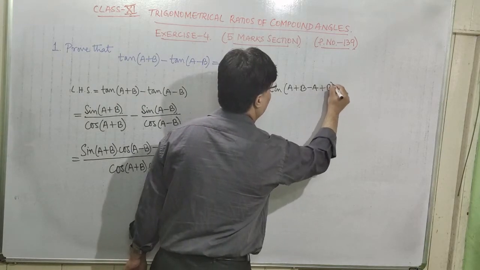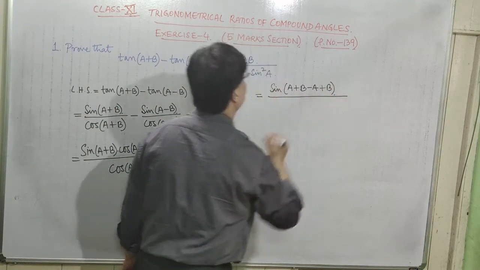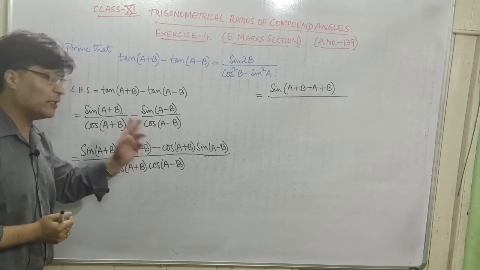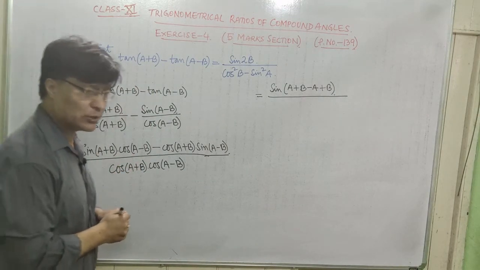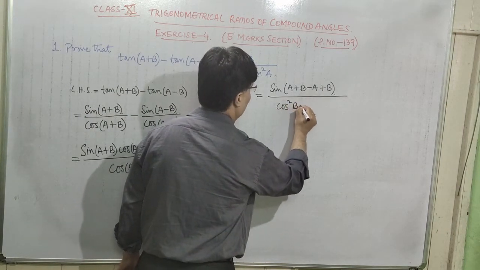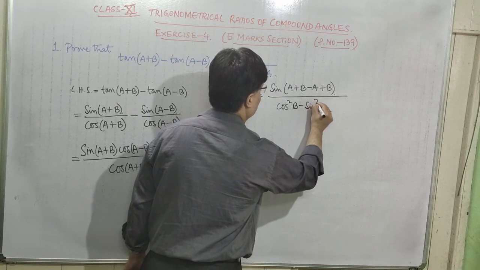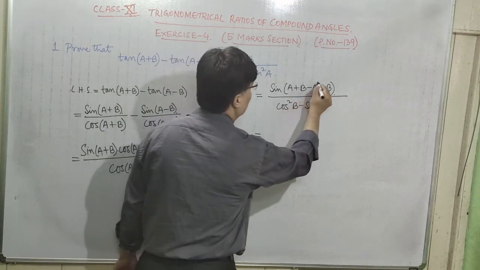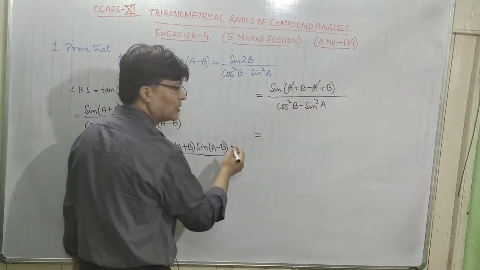It is plus b, this whole divided by, in the denominator, what is the formula for cos of a plus b into cos of a minus b? It is cos square b minus sin square a. So which is equal to, now here a gets cancelled, you can cancel it.